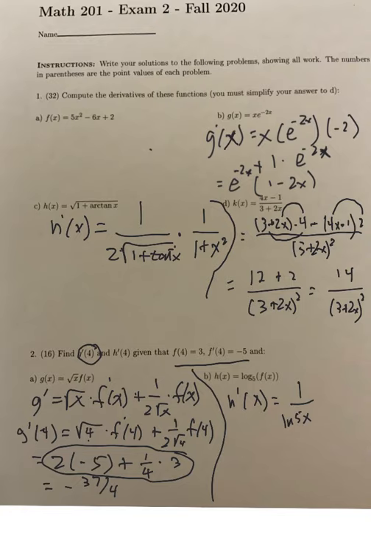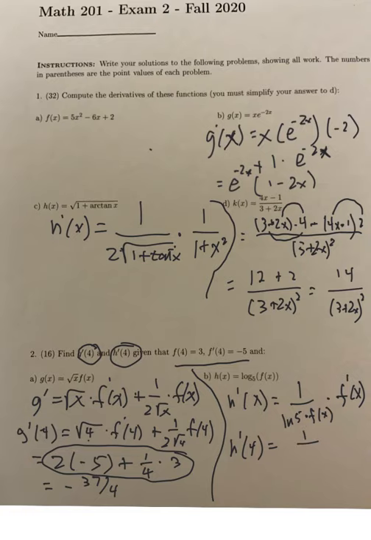It's 1 over the inside function, which is f of x. So this is multiplied, and then the chain rule says multiplied by the derivative of the inside. So now we're going to plug in our 4, because that's what we're asked to calculate.